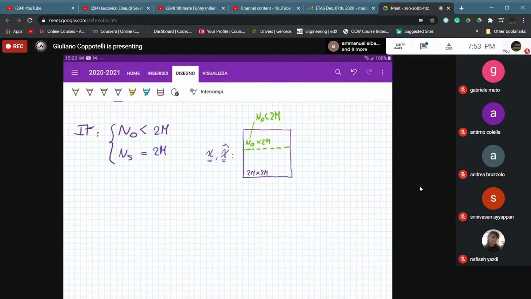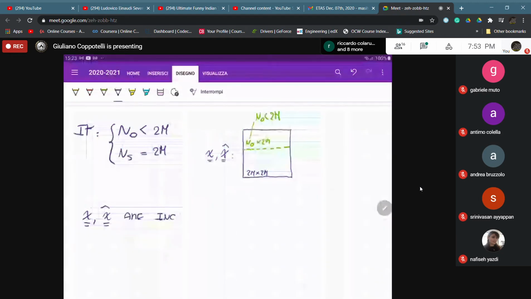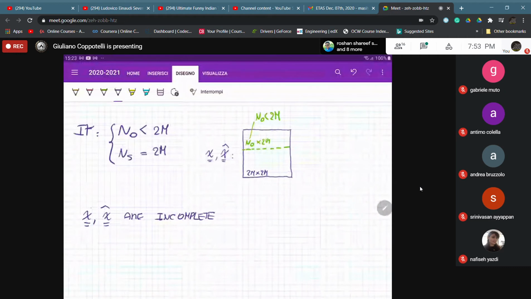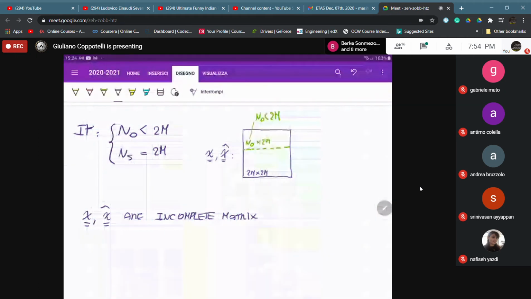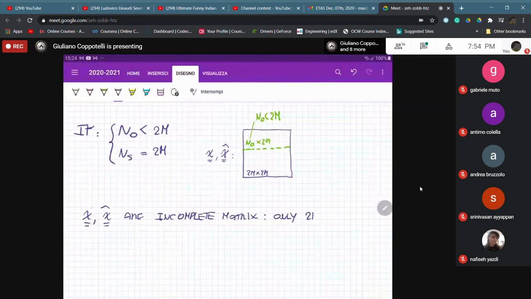What we can say is that both the chi matrix and the hat chi matrix are incomplete matrices with respect to the square dimension, okay? That is, only n_o rows are available.